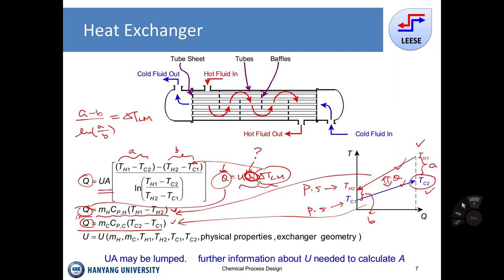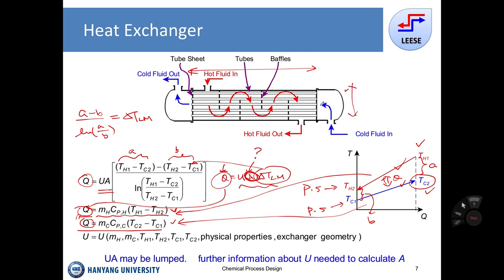We need to provide the number of tubes and the size of the shell to allow heat exchange between this cold stream and this hot stream. Design for a heat exchanger means, for example, deciding how many tubes should be installed inside, the length of the tube, and the size of the shell.